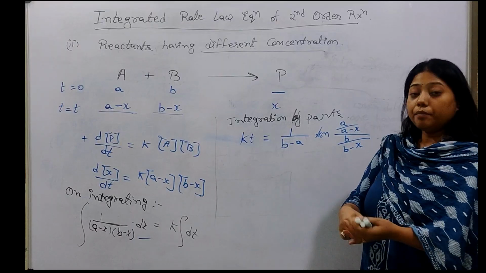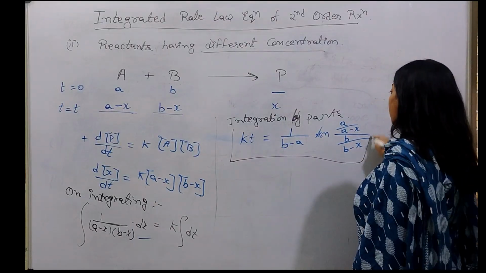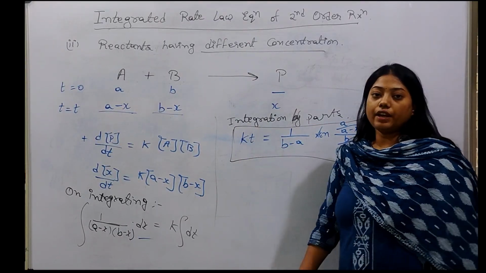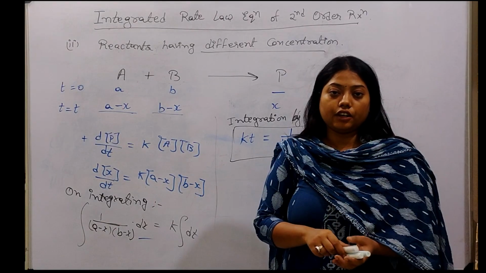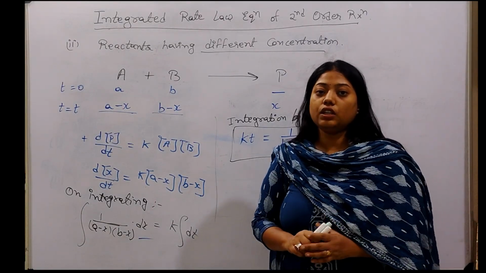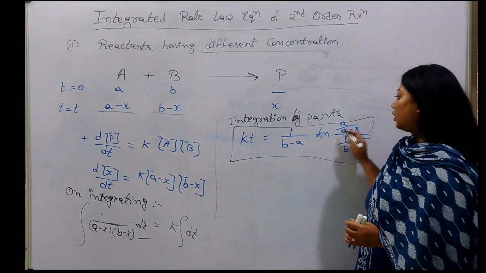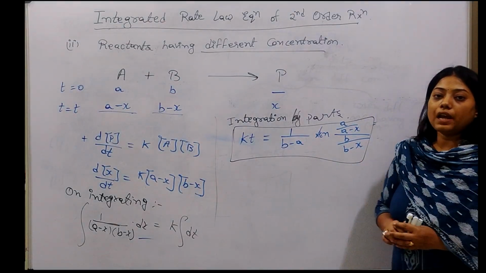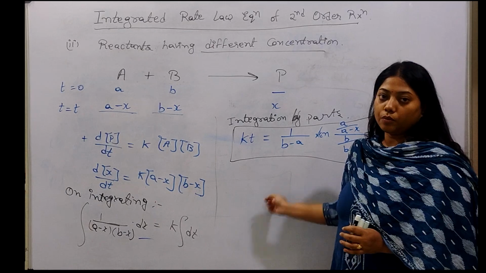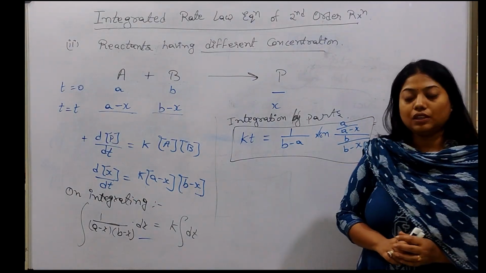This is basically the formula, the integrated rate law of a second order reaction when the concentrations of both the reactants are different. Okay, so we can apply this formula further. So let's start.